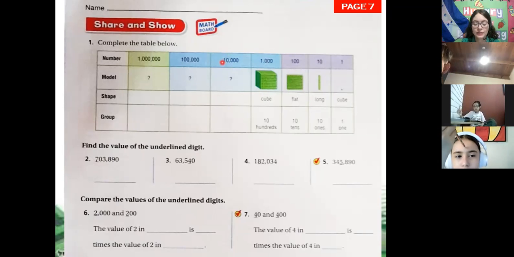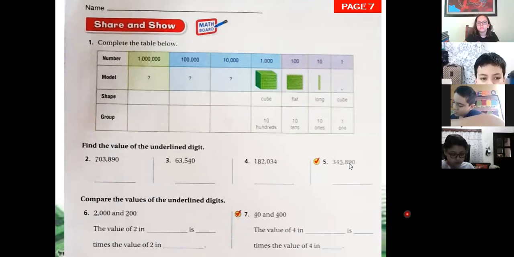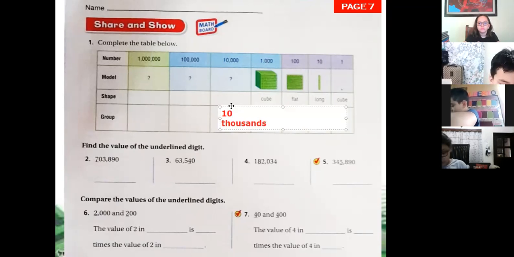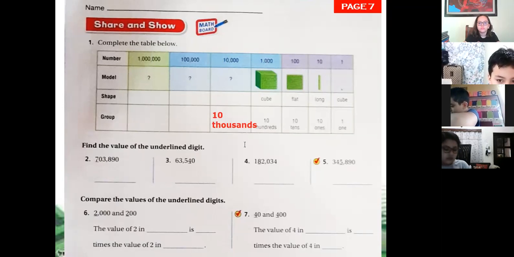How many 10 thousands do you need to make 10 thousands, class? You need 10. That's right. We need 10 thousands to make 10 thousands.